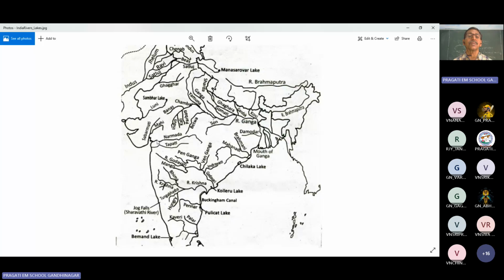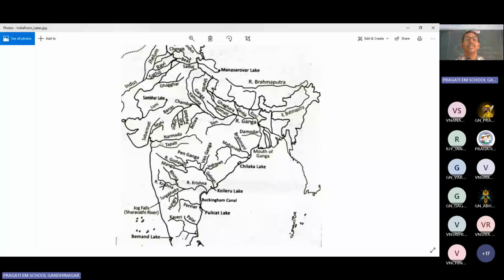Wherever I kept that arrow mark, here the Narmada Bachao Andolan was also organized, I told you. Especially it was built in Gujarat. Actually, it took many years for its inception. Why? Because it has been opposed by the local people, tribals especially. In Madhya Pradesh, Gujarat, Rajasthan, these people opposed this river project.